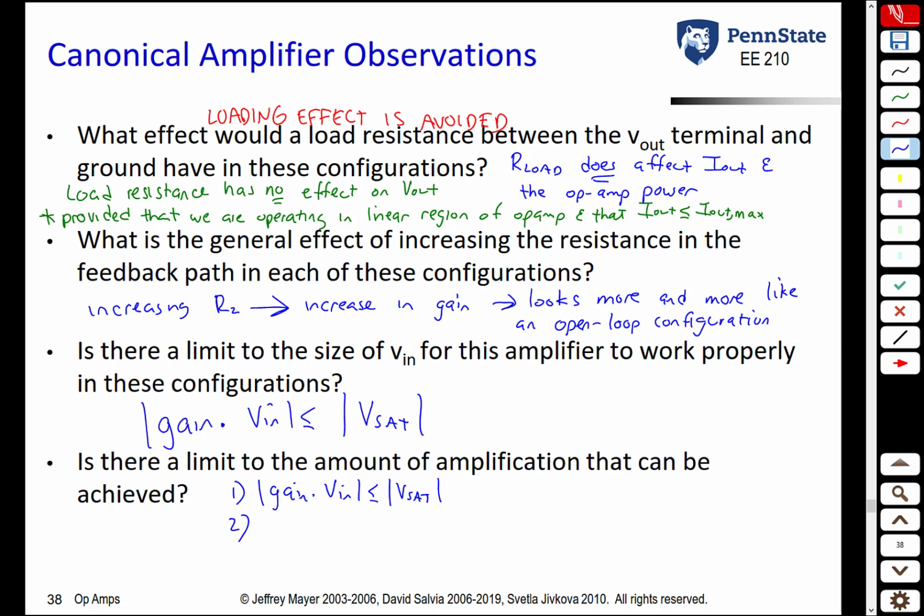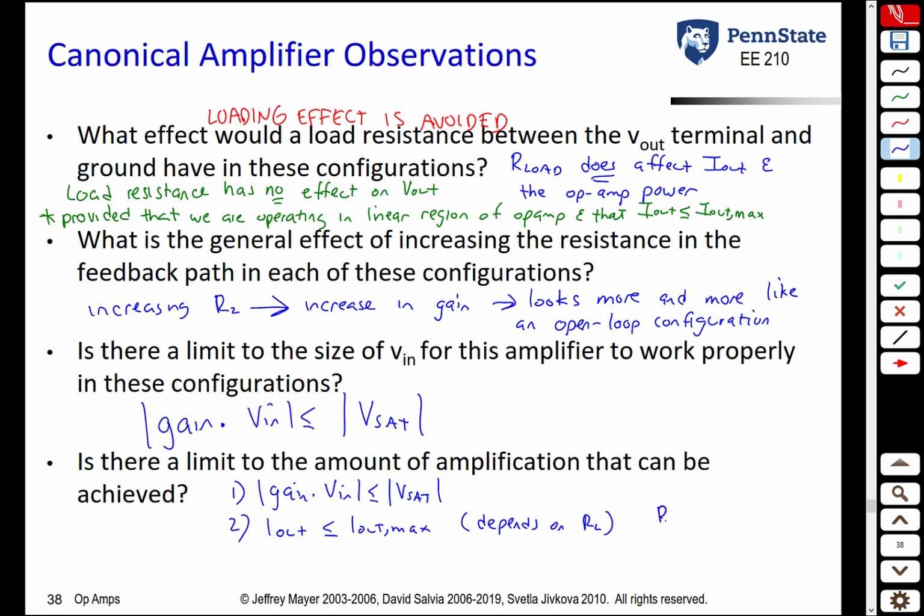Second observation is, remember the output current, which we haven't talked about too much, but we looked at it in a couple examples. The output current always has to be less than or equal to the maximum output current that the op-amp can handle. Once again, it might be somewhere in the 20 to 40 milliamp range. I want to remind you that this depends, among other things, on the load resistance.